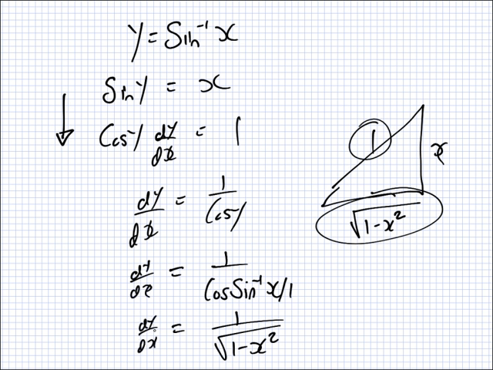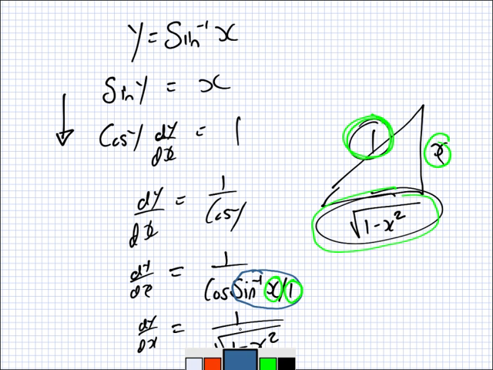See, I told you it's a hard one. Sine is opposite over hypotenuse, but we don't want sine, we want cos. Cos is adjacent over hypotenuse, so it's like this over 1.